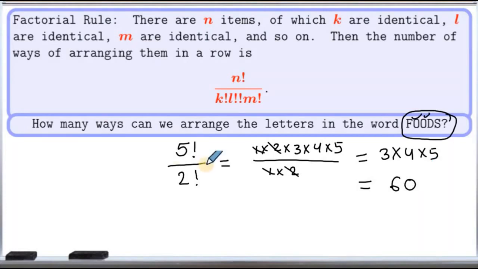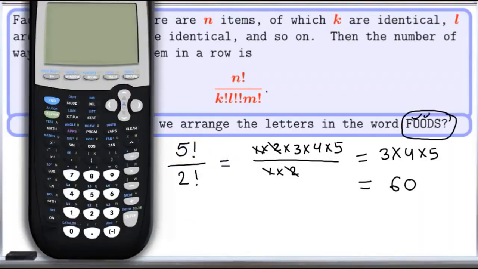Let me show you how to get this 5 factorial over 2 factorial on a calculator. Punch in 5, then punch in math, then use the arrow key to select probability. Then use the arrow key to go to number 4, then hit enter.